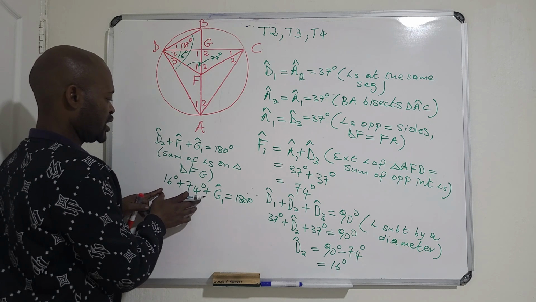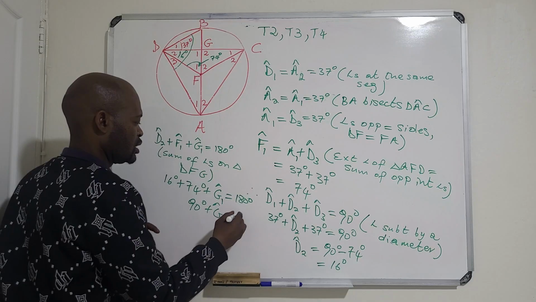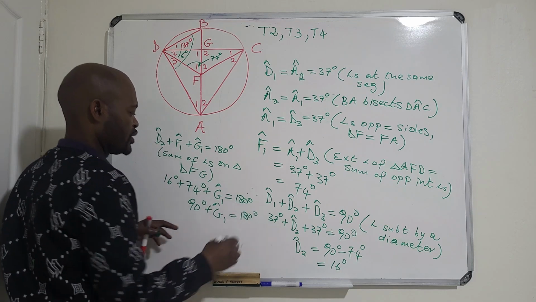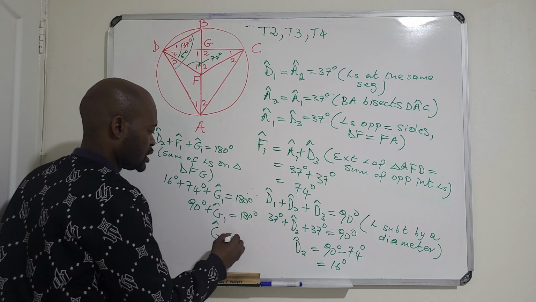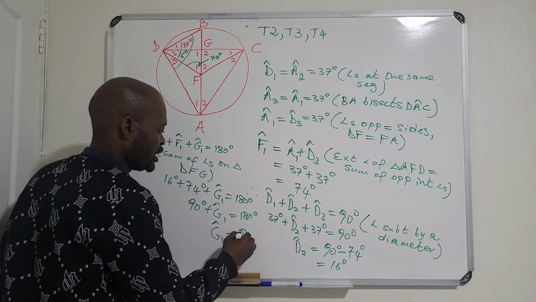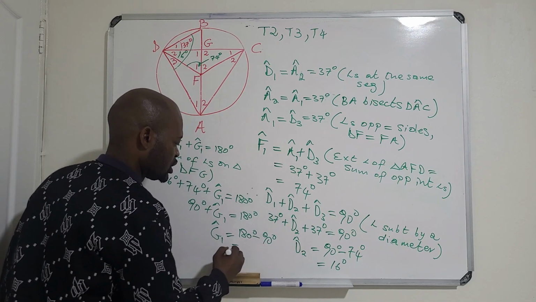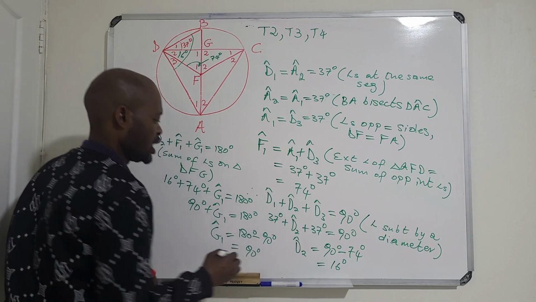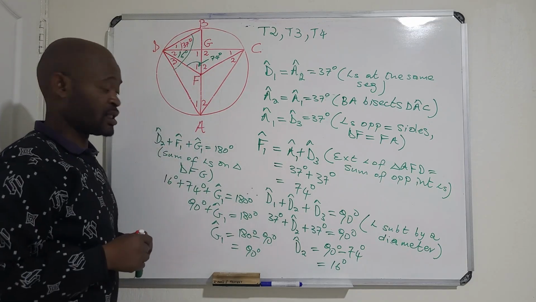Now this is 90 plus angle G1 equals to 180 degrees. Angle G1 is equals to 180 minus 90, which is equals to 90 degrees.